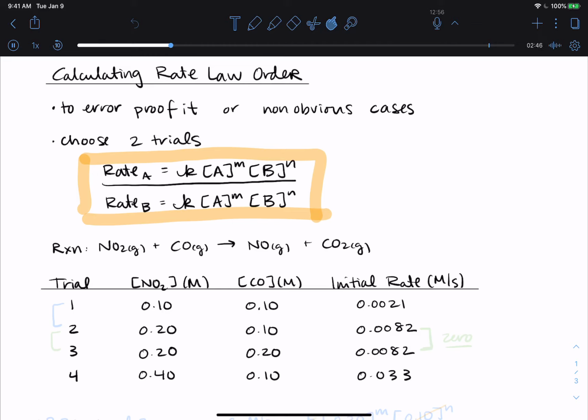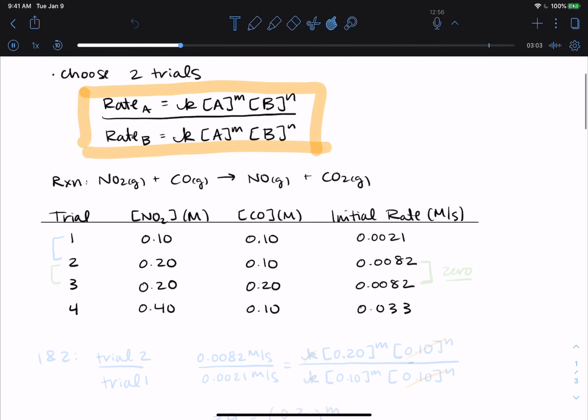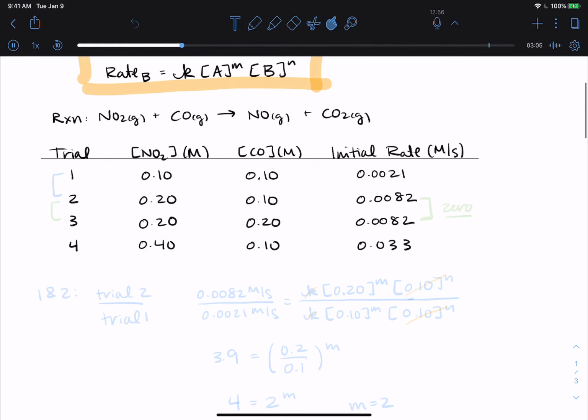As you can see, we have a reaction and a table of data, and our table of data has two reactants in it, so we are going to get orders for both of those. So let's just pick some trials. I have picked trials 1 and 2 for the first ones to look at.